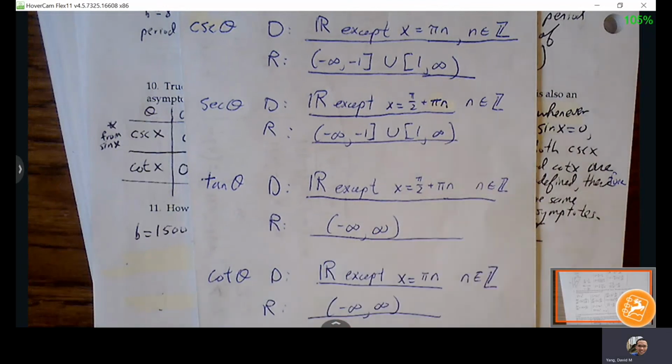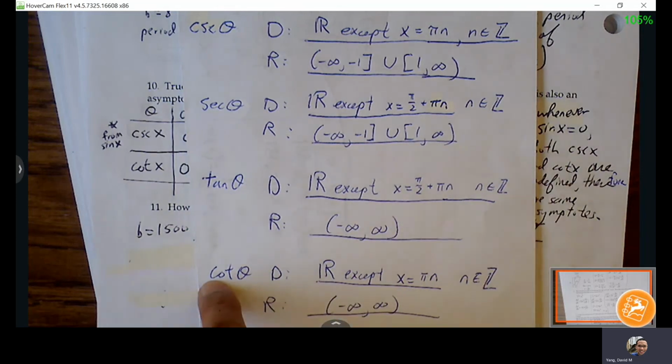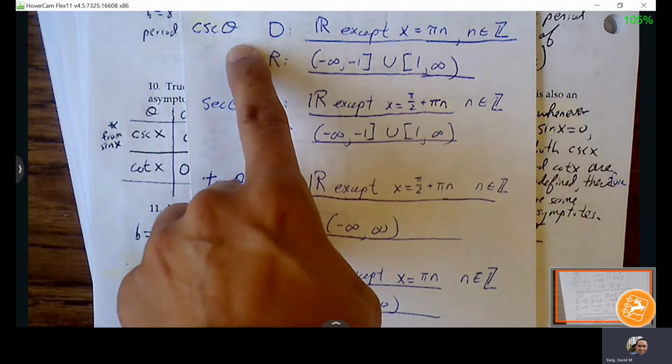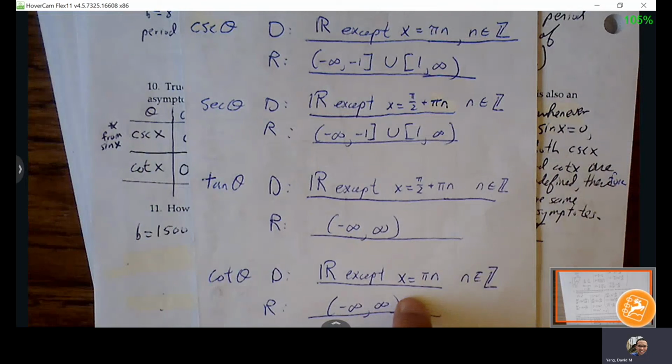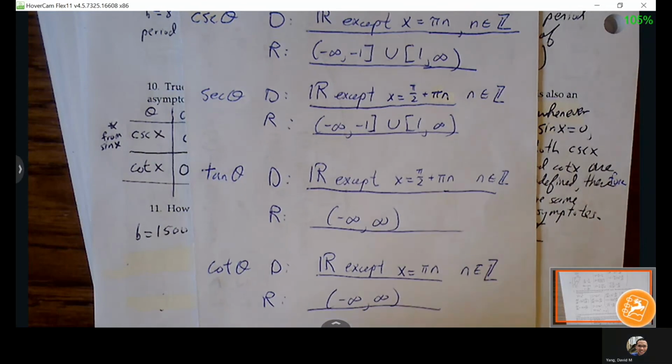But the range is negative infinity to infinity because the graph just extends in both directions. And then cotangent has the same denominator as sine, or as cosecant, so they both will be x equals pi n.